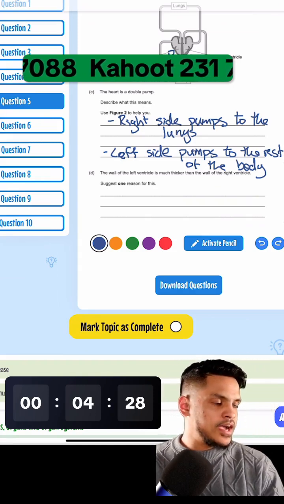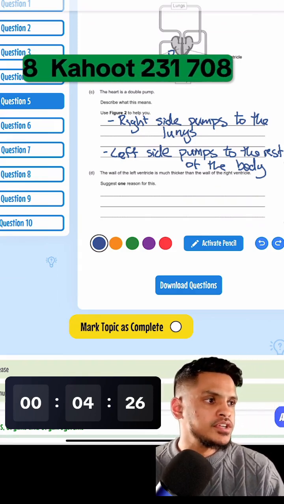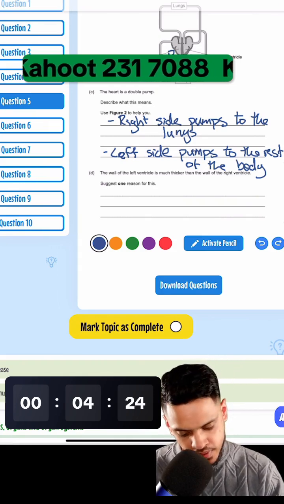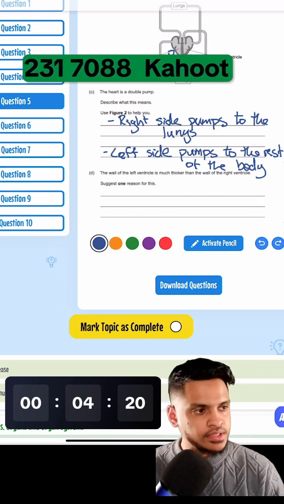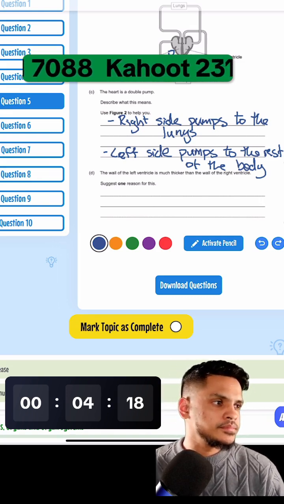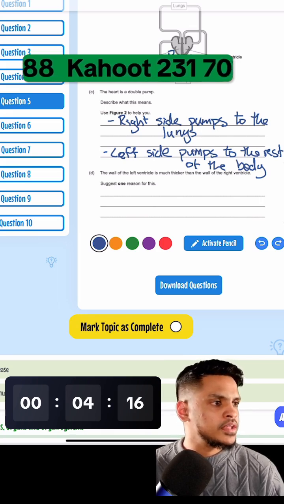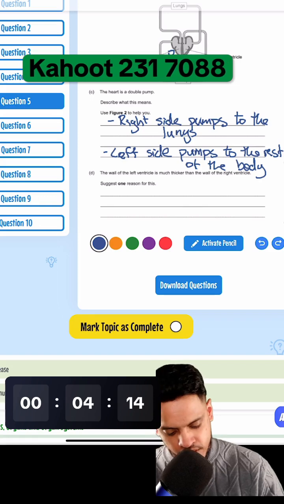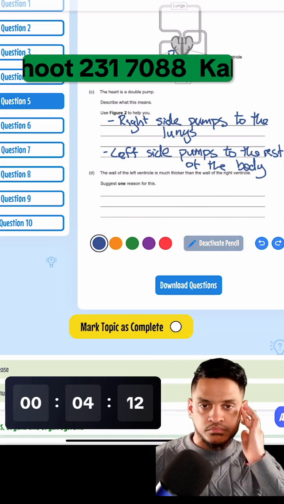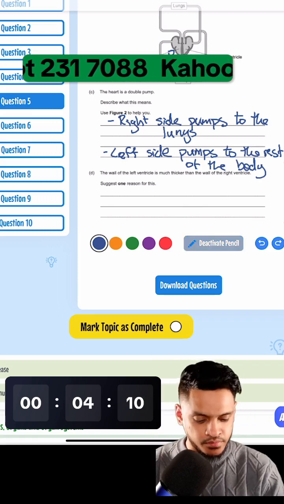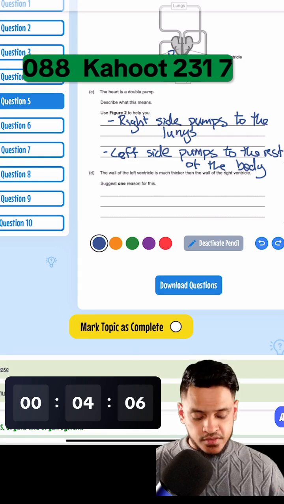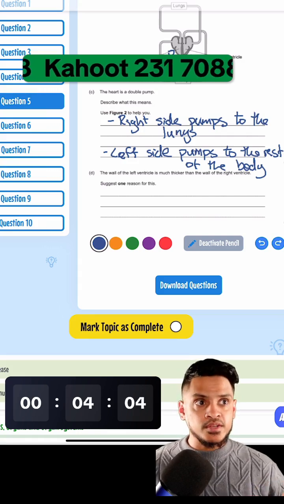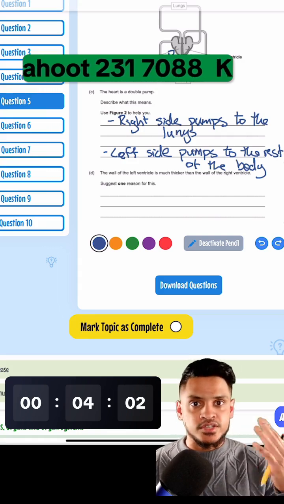Pumps at higher pressure. It does pump at the higher pressure, but why? Why does it pump at high pressure? Let me check if that gets you a mark. Yeah, no, actually, it's a 1 mark question, so you can say that to get the mark. So remember, left side pumps to the rest of the body, so it needs to pump the blood at much higher pressure to reach the rest of the body.